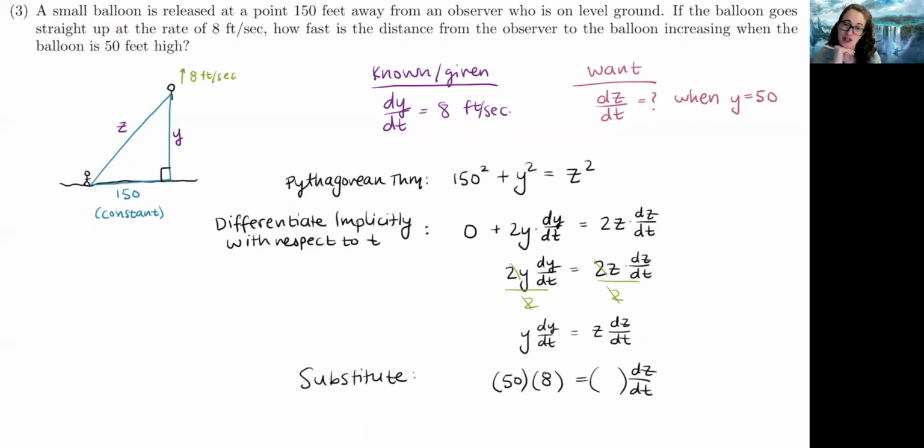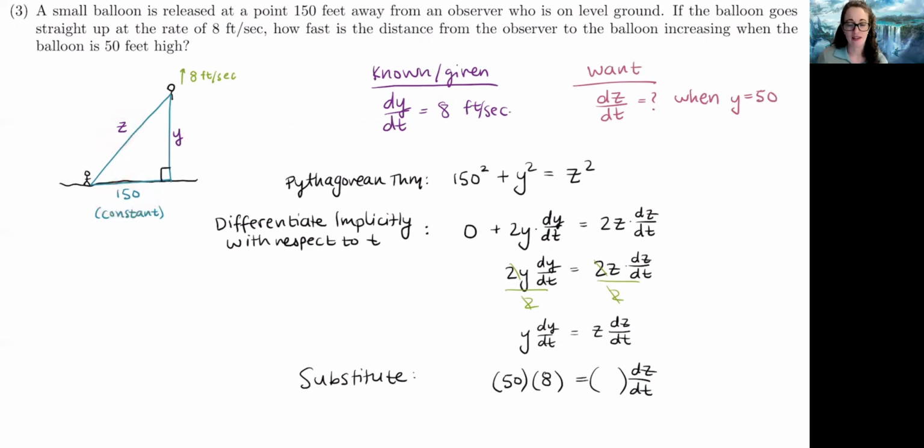So sometimes you have to go back and think a little bit, find the value of one of the three sides if you know the other two. So we actually have enough information about the triangle when y is 50. We know this side is 150. And so we can find at that point in time, what is the value of z?